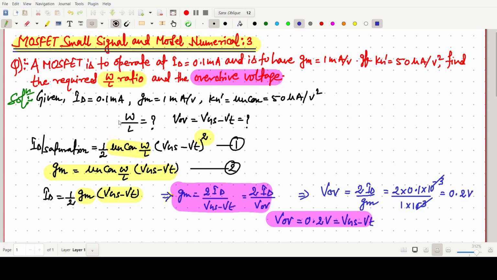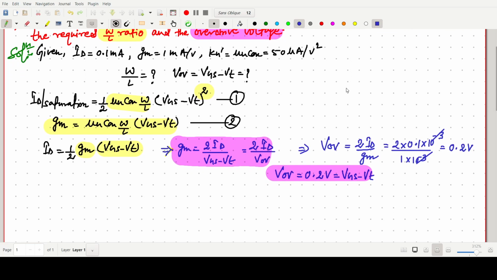For the W by L ratio, VOV is known to us. ID is known to us, this Kn' is known to us, and VGS minus VT is known to us, so we can easily find W by L. First we have to write the expression.